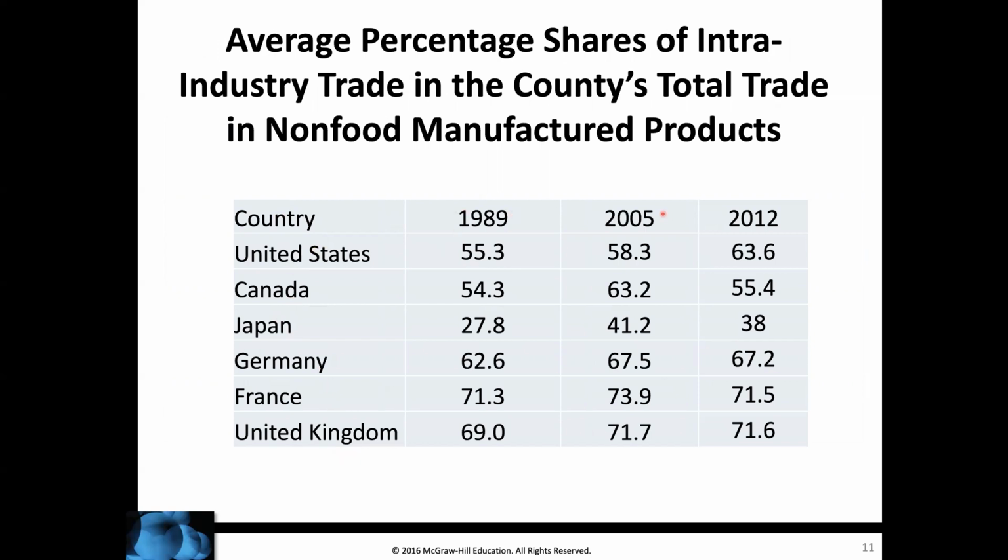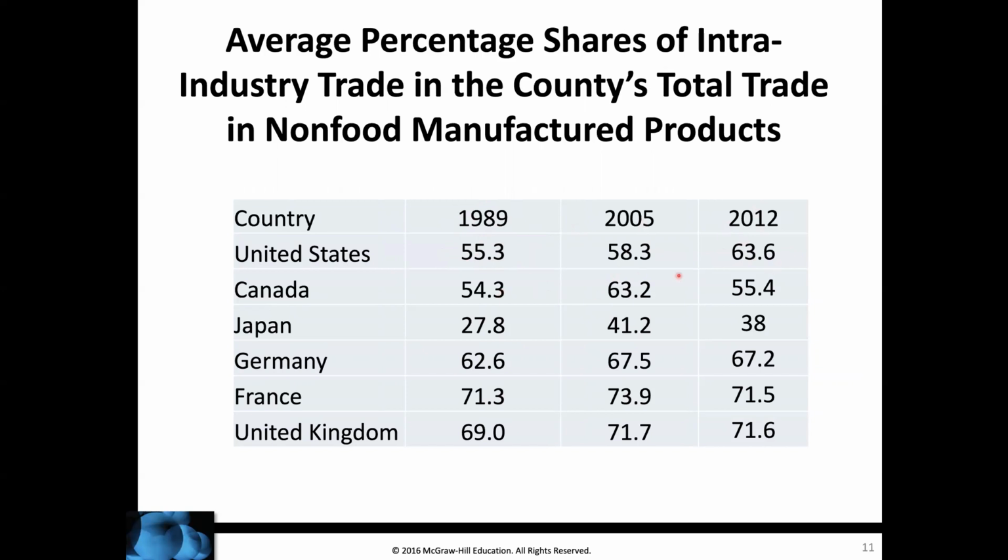And we've got 3 different years that we're going to compare. So we can see trends starting in 1989 going to 2012. So you can see United States as a share of our total trade, intra-industry trade represented 55.3% in 1989. It's grown to 63.6%.